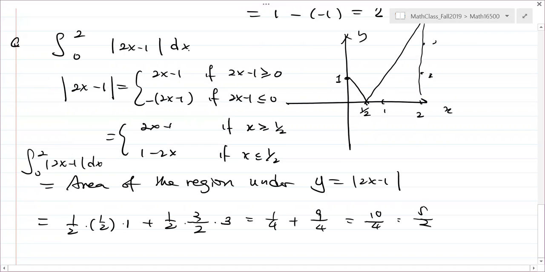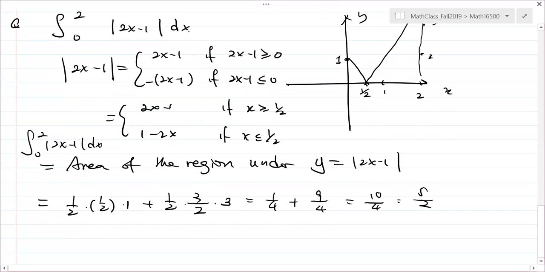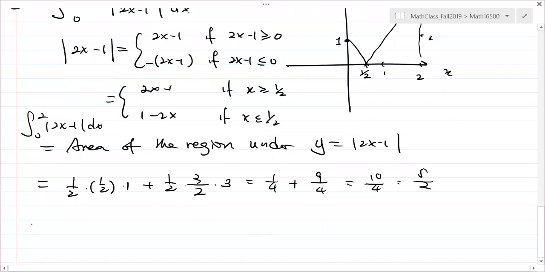Now, if you don't want to use the area, how do you evaluate the integral? You have to evaluate the integral separately, and you still get the same answer. So the integral from 0 to 2 of the absolute value of 2x minus 1 dx: you have to remove the absolute value first.